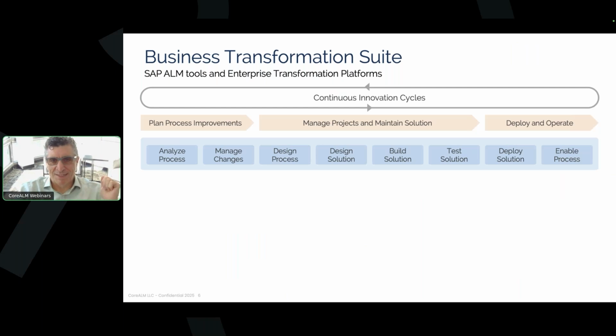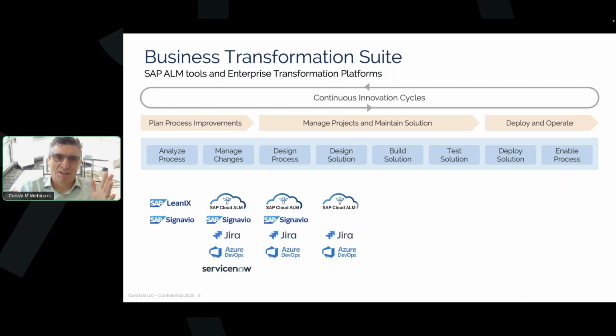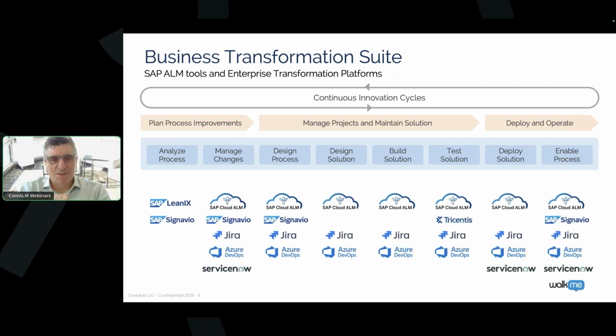Now, that's great, but the challenge is that for each one of those capability areas, there are many different tools that you can use to help you achieve or track the work that you're doing for those capabilities. And those tools are often overlapping.